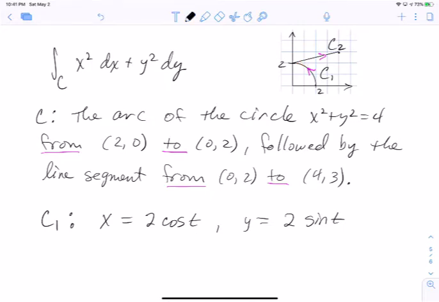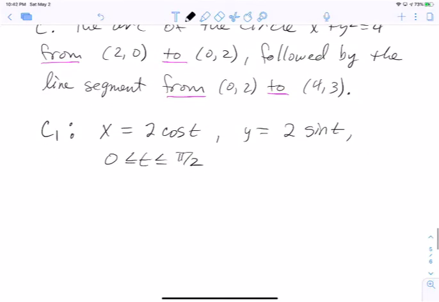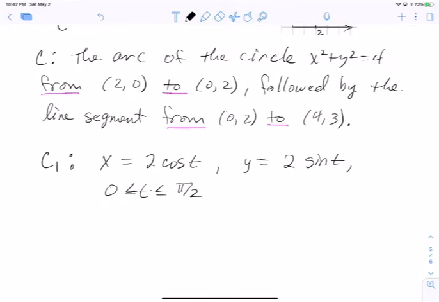Since we're only talking about the arc that exists in the first quadrant, t is going to go from 0 to pi over 2. Once we know what x and y are for C1, using differential notation, dx is negative 2 times the sine of t dt, and dy is 2 times the cosine of t dt.